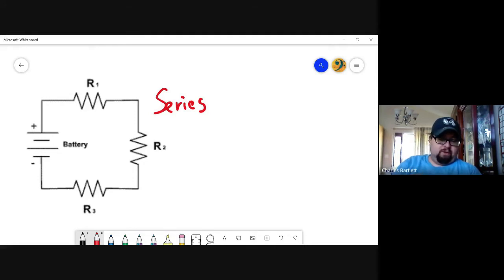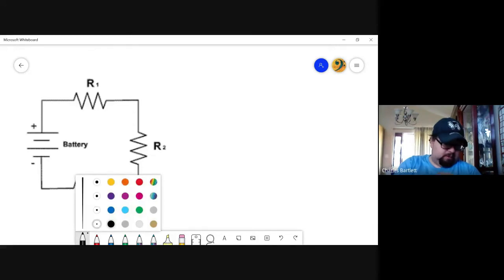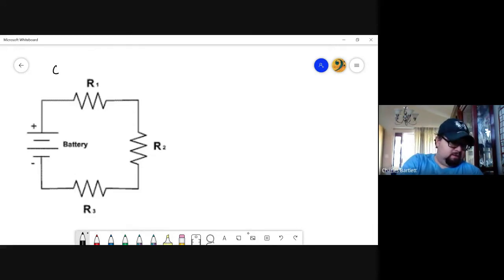So because they're in series, we would call this a series circuit. Plain and simple. So let me label that up here. We got our series circuit.